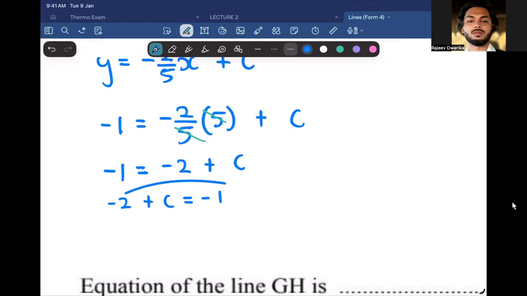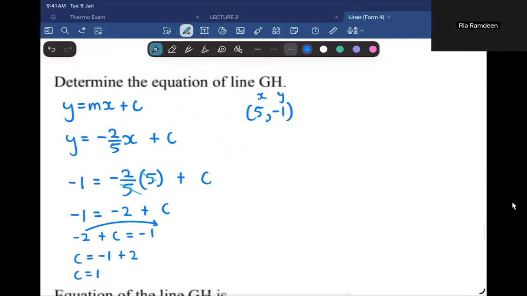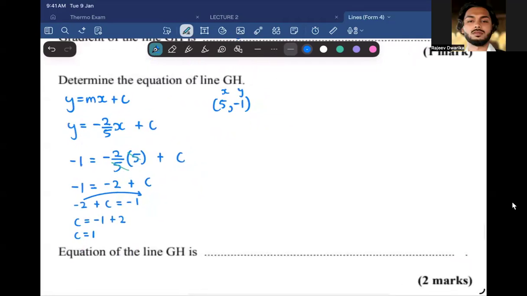If I carry the negative 2 across, what is it going to turn? It'll become a positive, so c equals minus 1 plus 2, which is 1. Perfect. What's the final equation of line GH? So y equals minus 2/5 x plus 1.